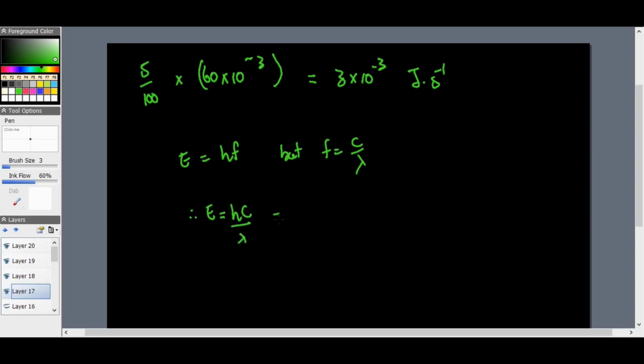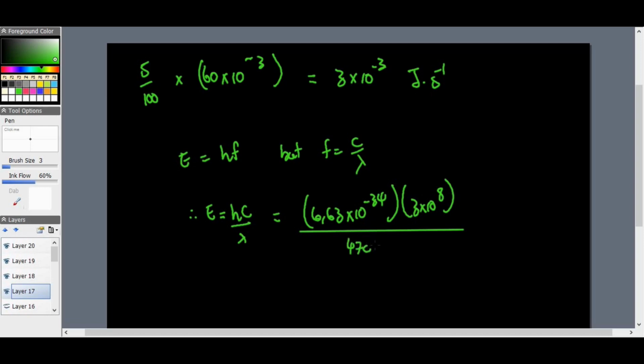This will equal 6,63 times 10 to the power of negative 34 multiplied by 3 times 10 to the power of 8, over the wavelength, which is 470 times 10 to the power of negative 9, and therefore the energy of the photon will be equal to 4,232 times 10 to the negative 19 joules.